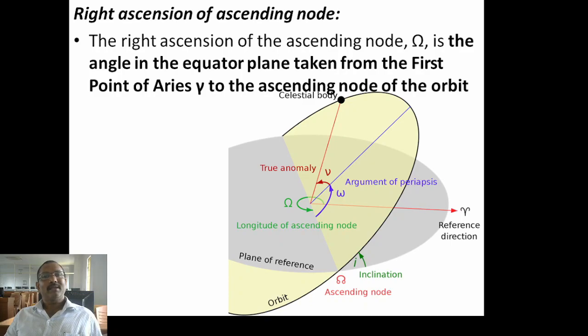Next is the right ascension of the ascending node. It is the angle in the equatorial plane taken from the first point of Aries to the ascending node of the orbit.